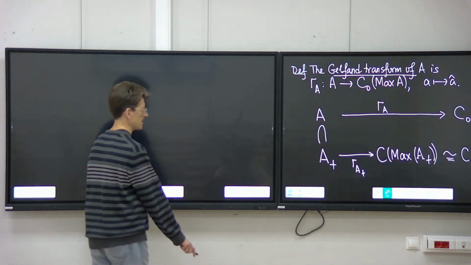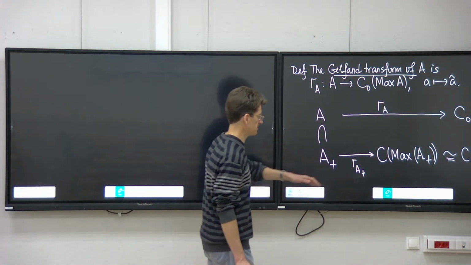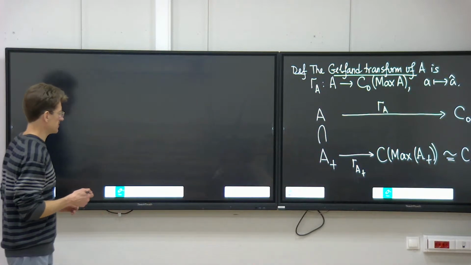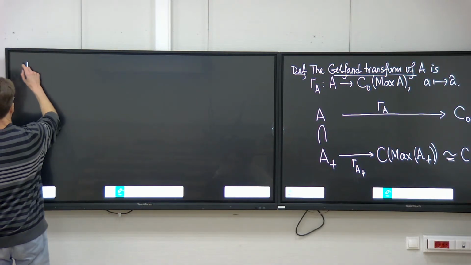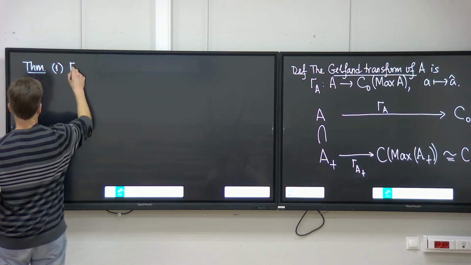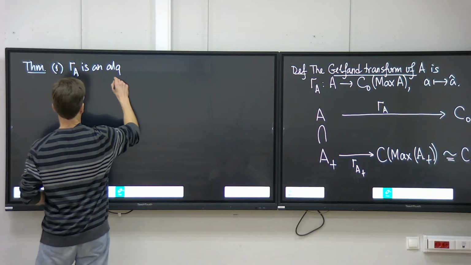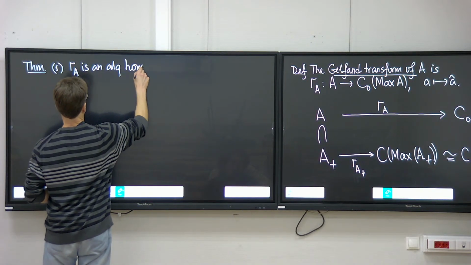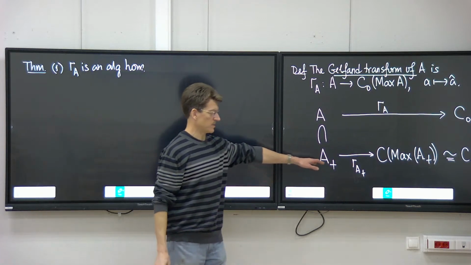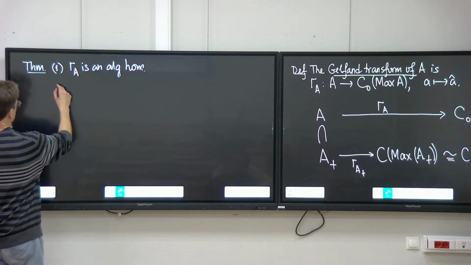And by using this diagram, we can easily transfer the basic properties of the Gelfand transform of A plus to the algebra A. And we get the following theorem. First of all, gamma A is an algebra homomorphism. This is true because gamma A plus is an algebra homomorphism. But of course, this is also true for trivial reasons.